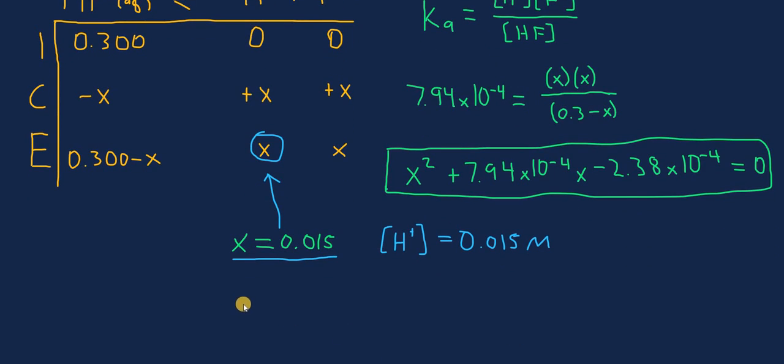Now to calculate the pH, remember that pH is equal to the negative log of H plus concentration.